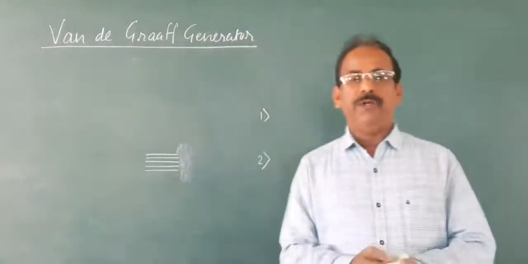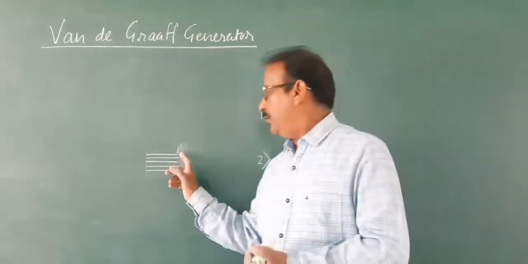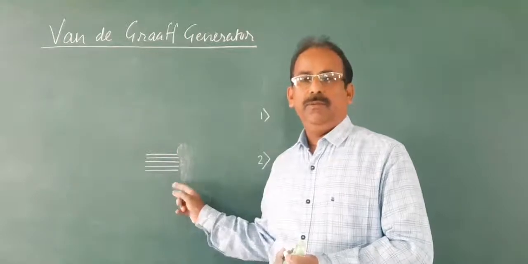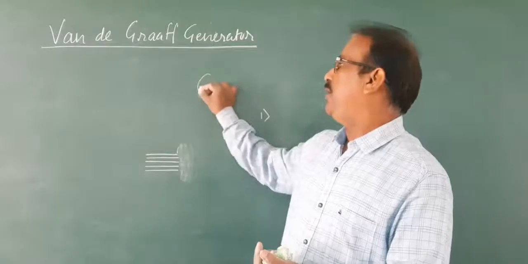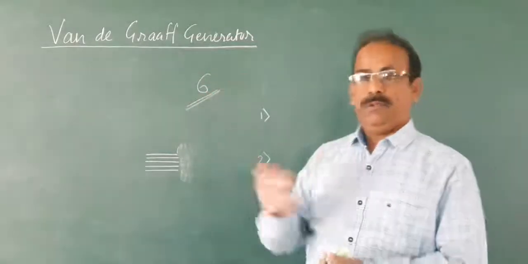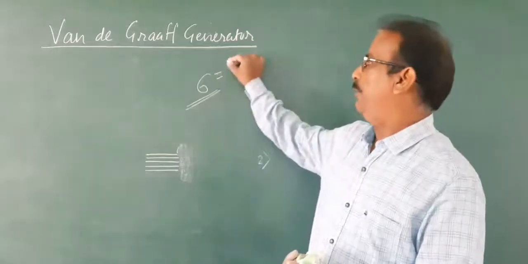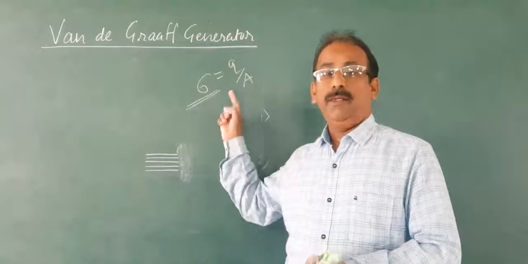Why does discharging of this charge take place from this wire? Because at this end, where there is a point, sigma is very, very large. Sigma means surface charge density, which is Q by A, where A means area of cross section.